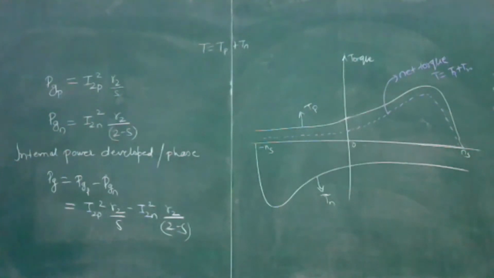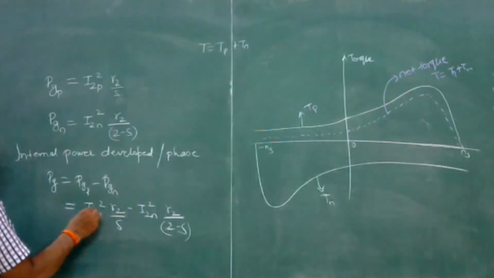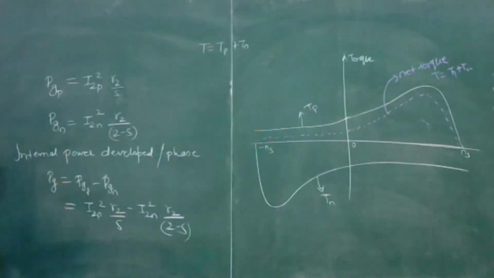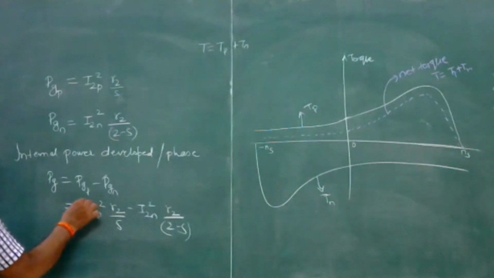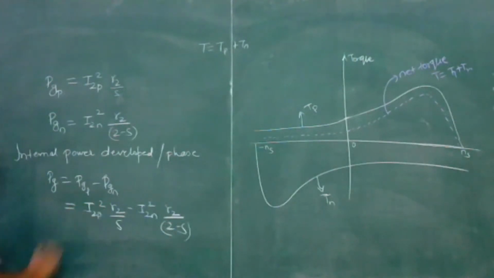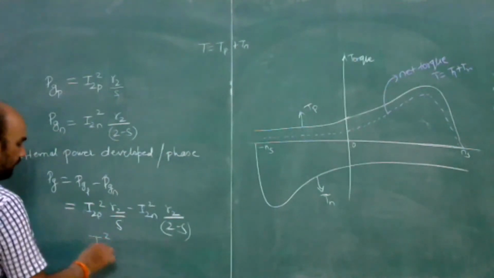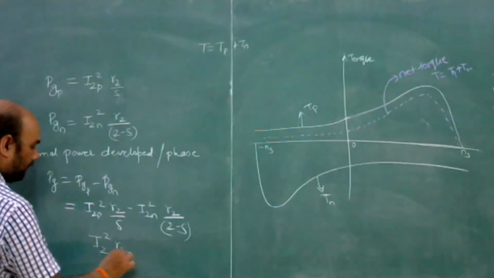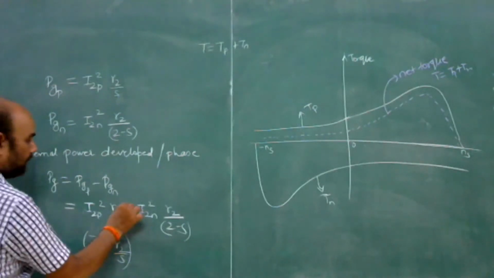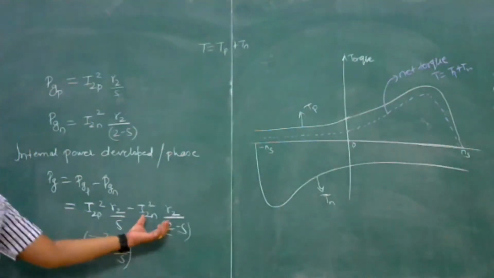When only balanced voltage is given, we have only this power developed, I2 square R2 upon S. And here we are getting this negative sequence.